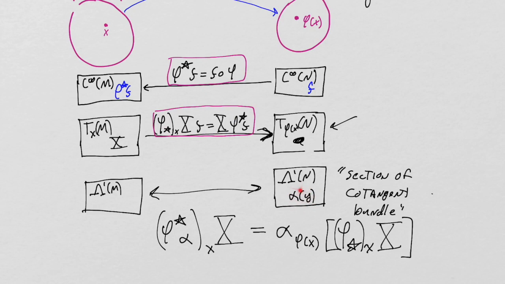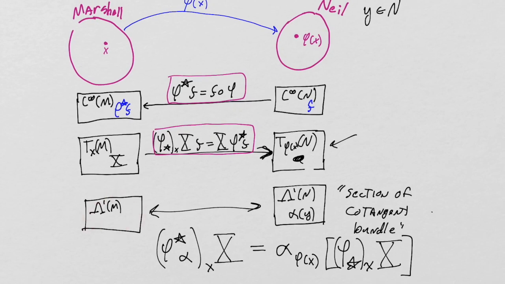If you take some cotangent field, evaluate it at psi of x, and execute this operation, you better get the same answer as the pullback of alpha into the cotangent fields on M, operating on that original vector, right? There's really only one way to do this, and this is it. So this direction is now established to be a pullback of the cotangent field.